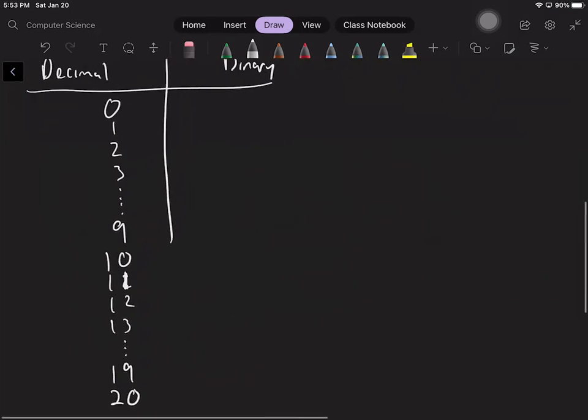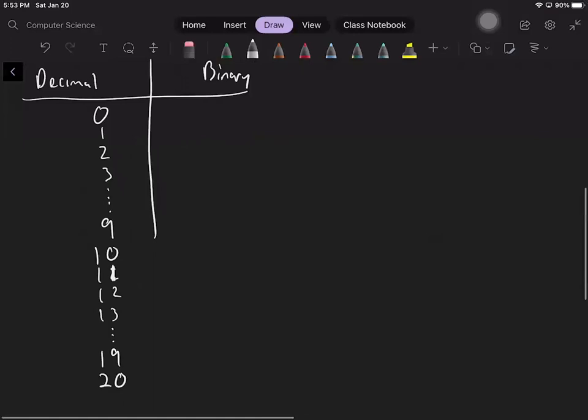So for binary, we do the same thing. So 0, 1. And now we're at the end. We're at sort of like the 9. It's not the number 9, but it's acting like the number 9. It's at the end.